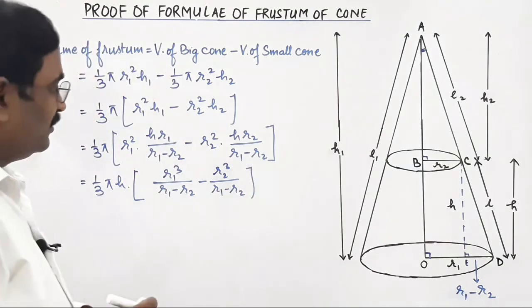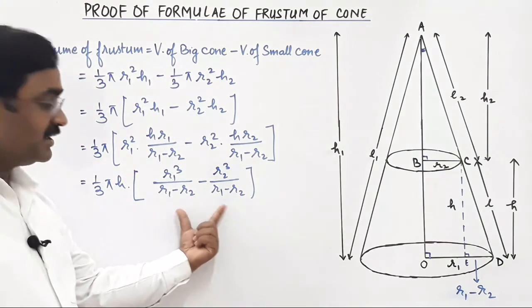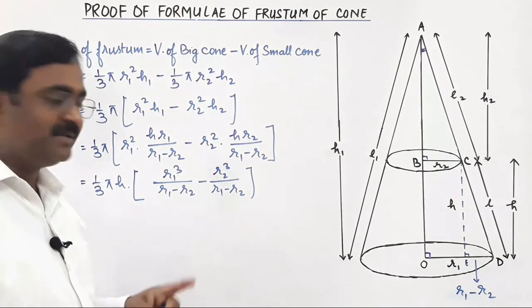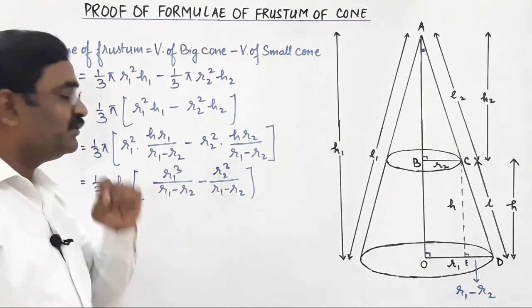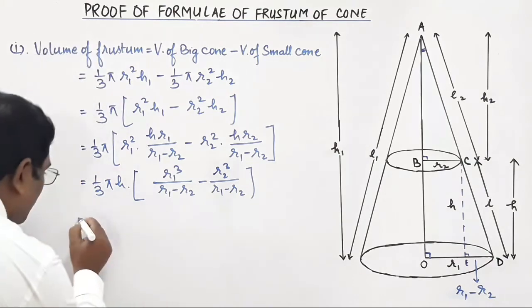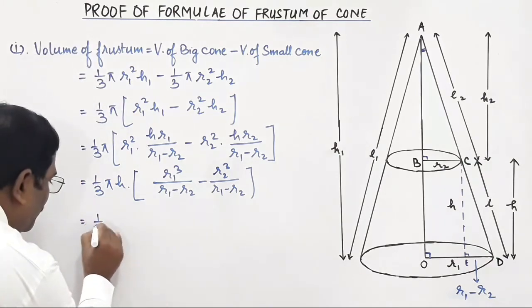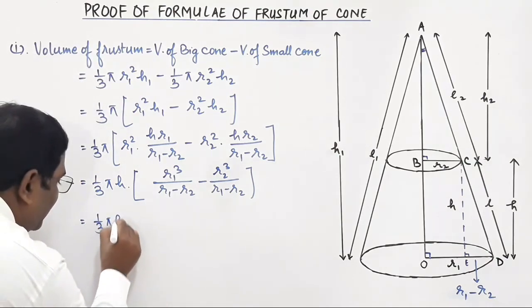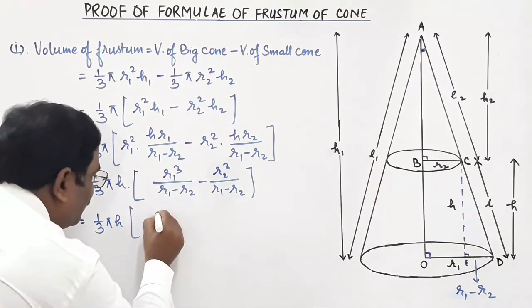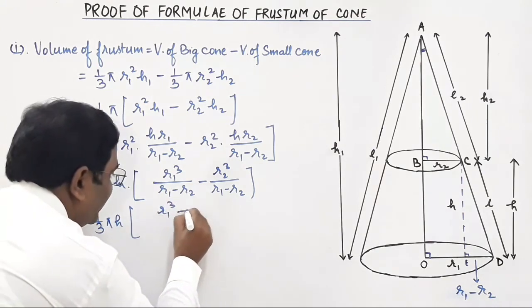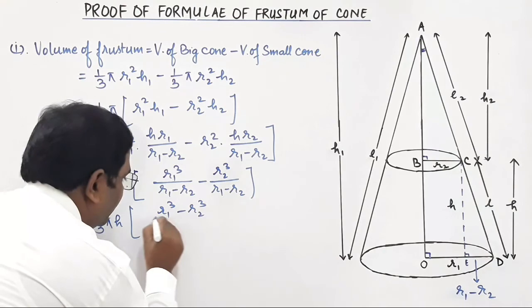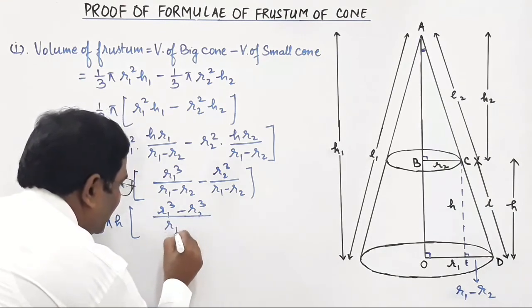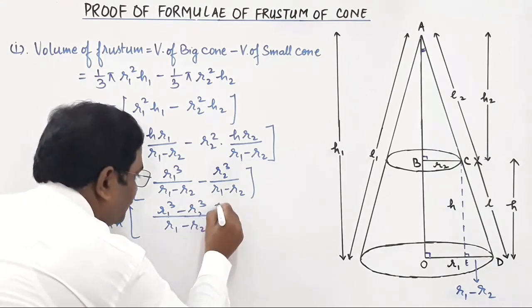Right? Now take the LCM of these two fractions whose denominators are same. So you will get R1 cube minus R2 cube. So 1 upon 3 pi H, R1 cube minus R2 cube divided by R1 minus R2.